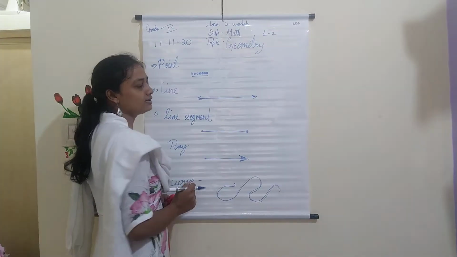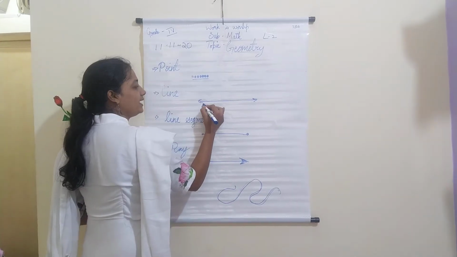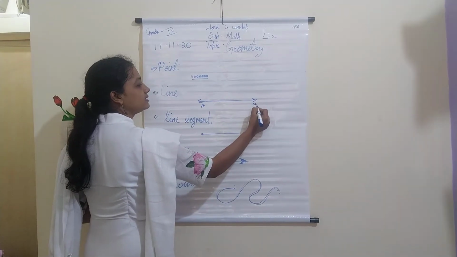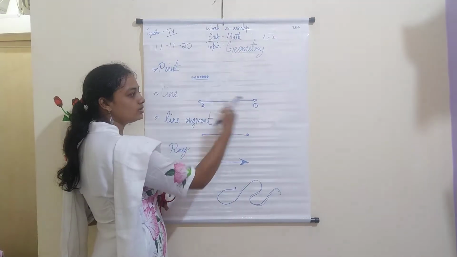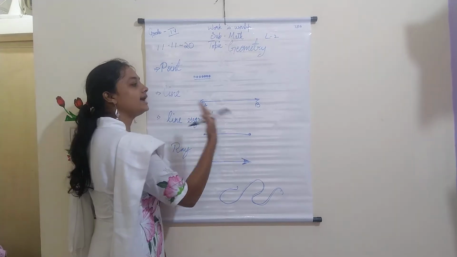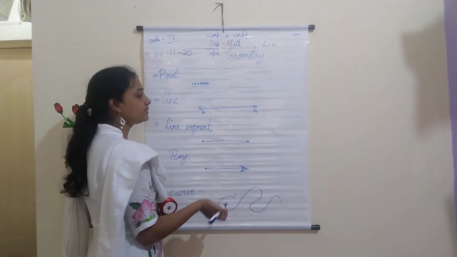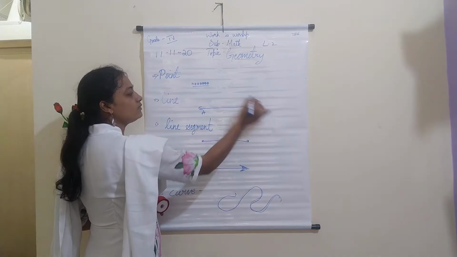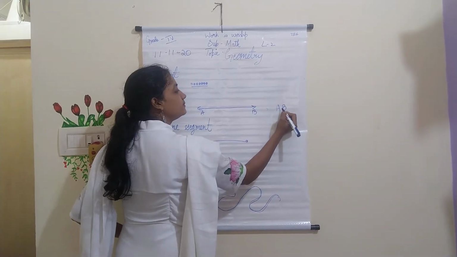For example, I have a line. How will I call this line? I just write 2 alphabets here, one on the right hand and one on the left hand. At both ends I write an alphabet each. I can take any English alphabet. So the name of the line here is AB.